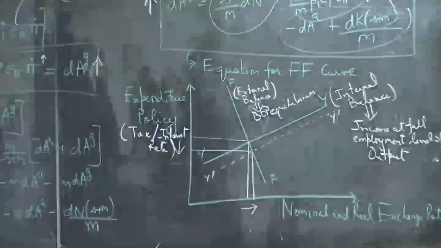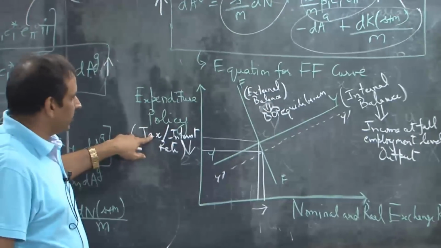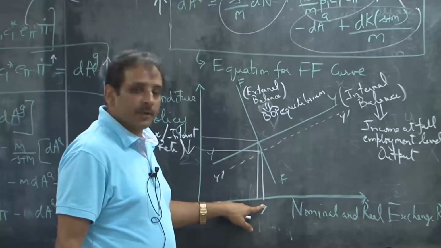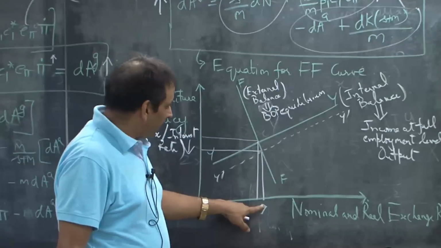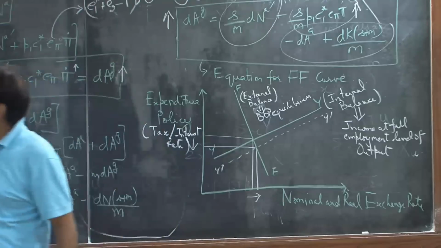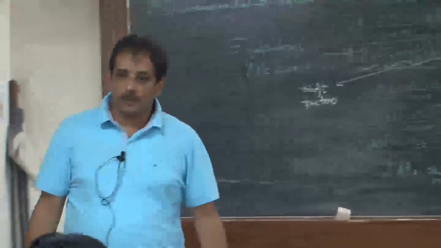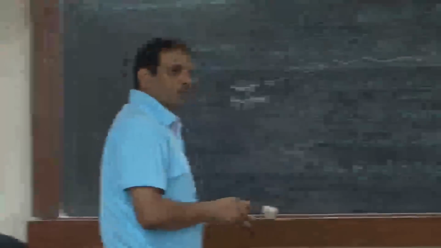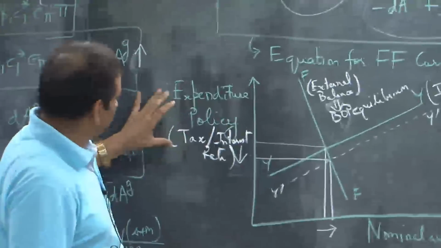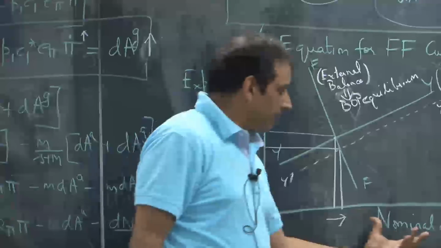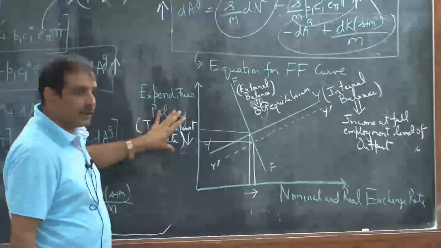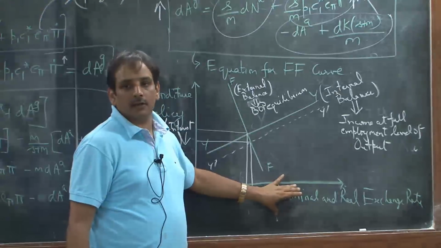One, you need to reduce the tax and interest rates to maintain the internal balance, and the other is that you depreciate your currency to take care of the balance of payment disequilibrium which happens due to an increase in labor force. Now this is different from the first two cases that we discussed, because here you are changing two instruments, one expenditure policy, the other nominal and real exchange rate, to achieve two policy targets. One is internal balance, the other is external balance.